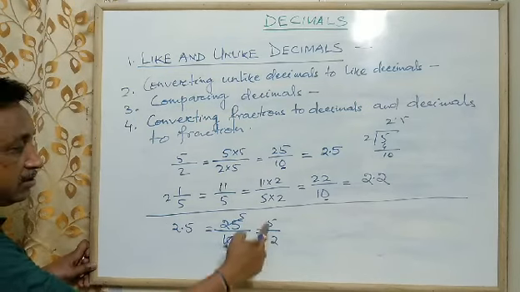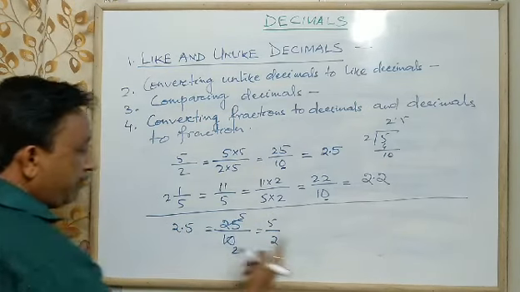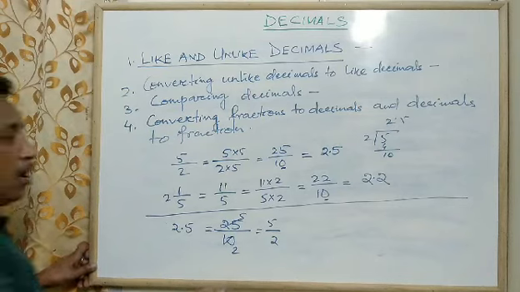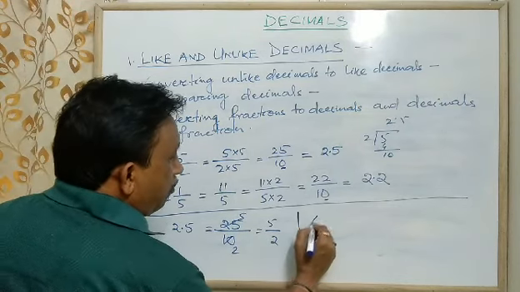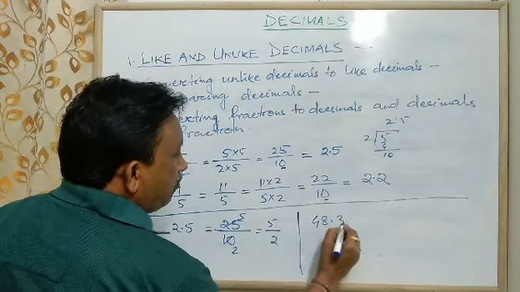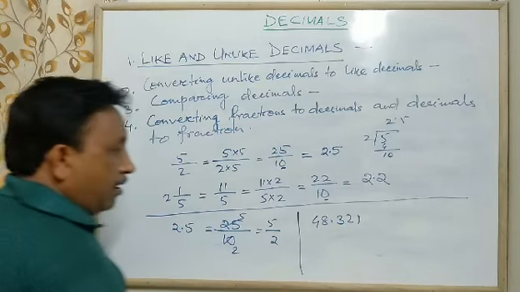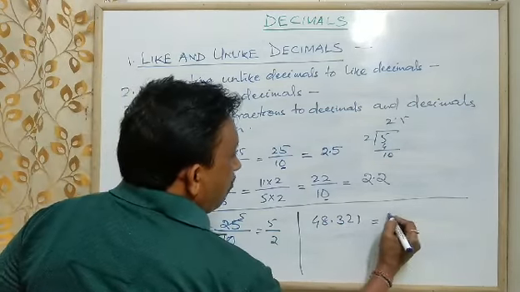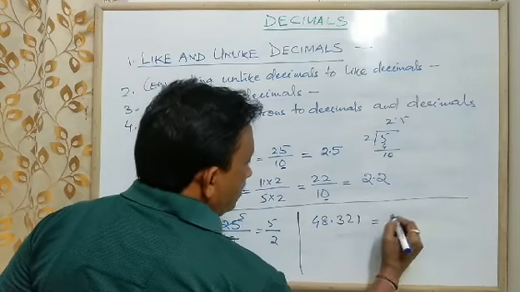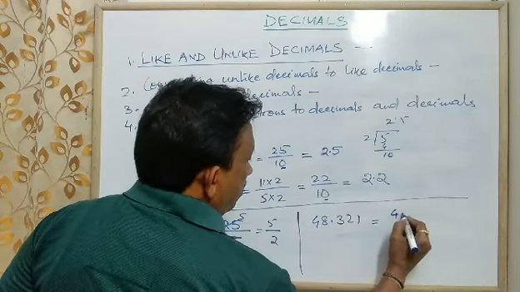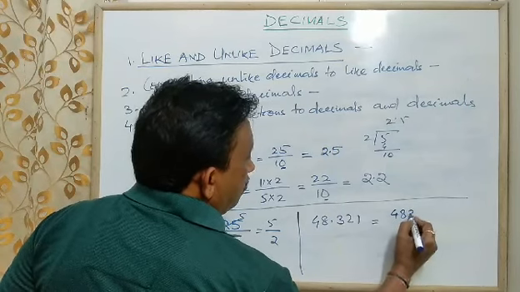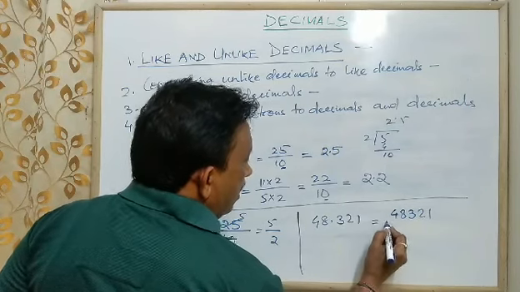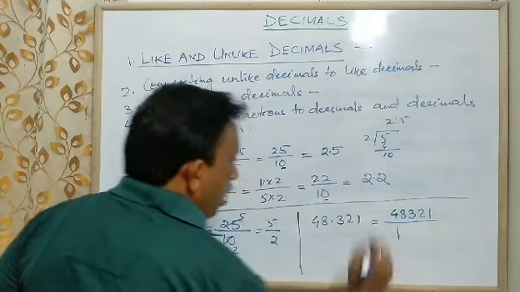If you divide this, the normal division, you will get the answer like this. Let's see one more. Suppose 48.321. How do I convert it into a fraction? First I will write the number without the decimal as the numerator, 48321 by 1.